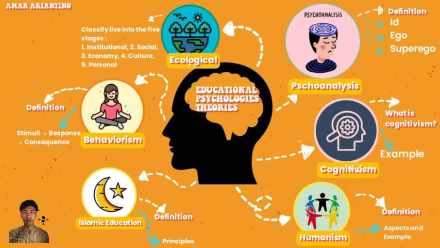Next is ecological. Ecological is a science that studies the interaction between living things and other living things and their surrounding. In environmental science, ecological is made up of the basic science for understanding interaction in the environment.